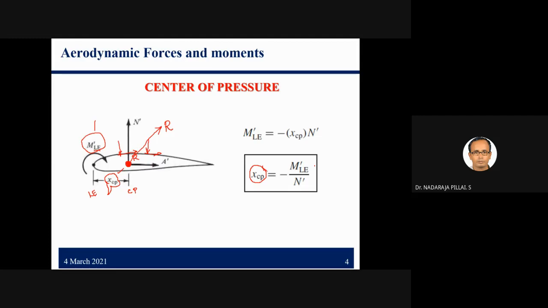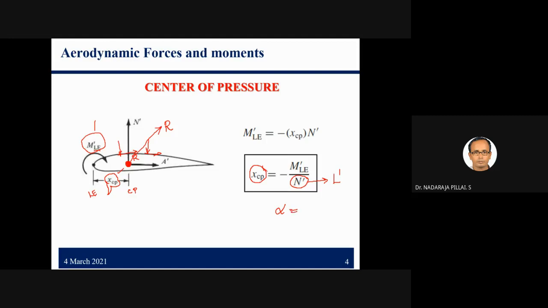So, okay, we can think in this way. Say, can this N dash be equated to L dash? When there is no difference in angle of attack alpha, then you can write it.